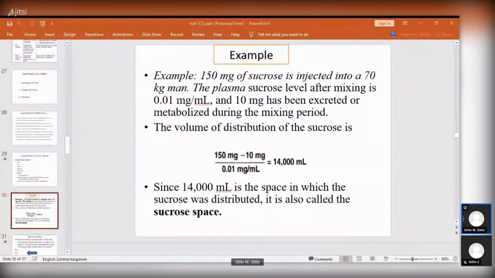And therefore, if you calculated your total body water, minus the ECF, you have calculated your total ICF. So this is how we calculate these body compartments by using the dilution principle.